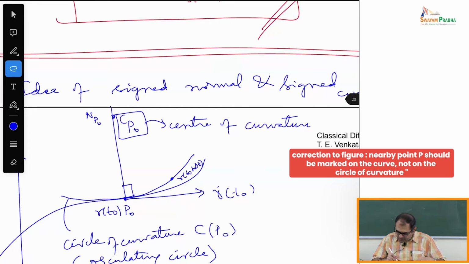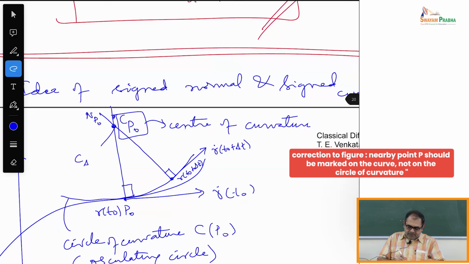At that point you will have a tangent direction, gamma dot of t naught plus delta t. These two normals meet at a point, and this point was C sub delta t.